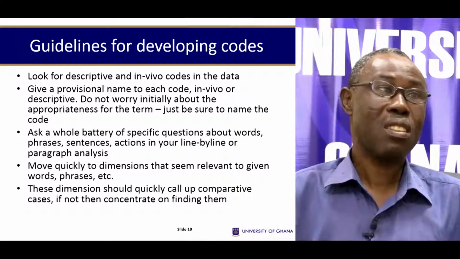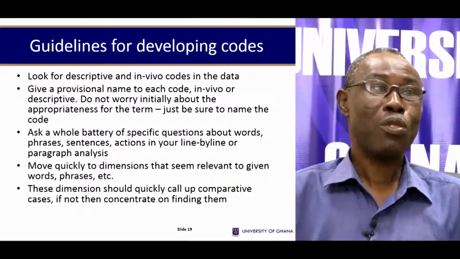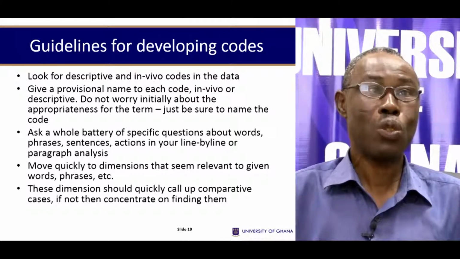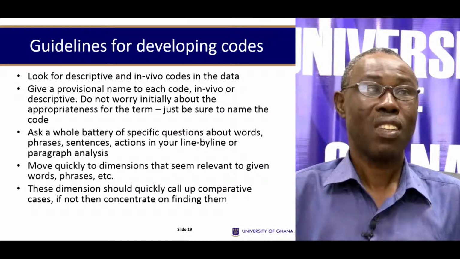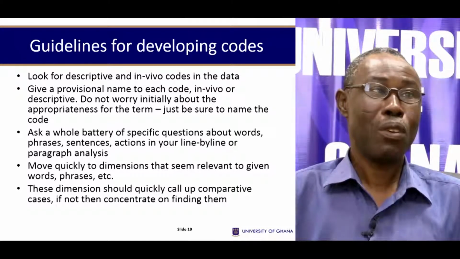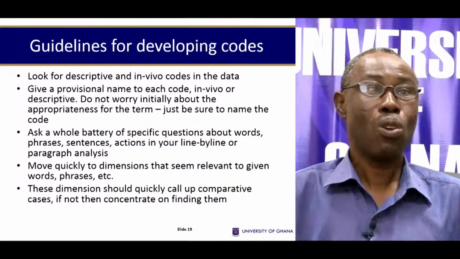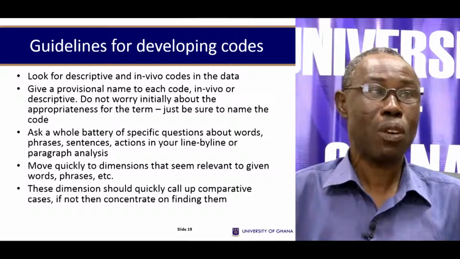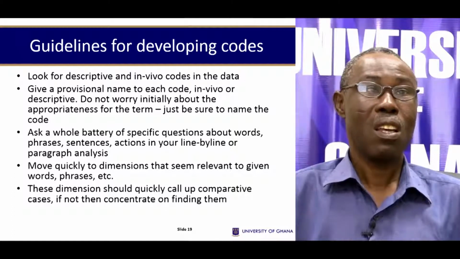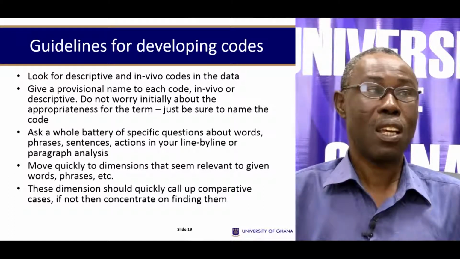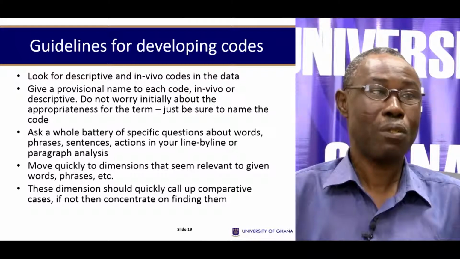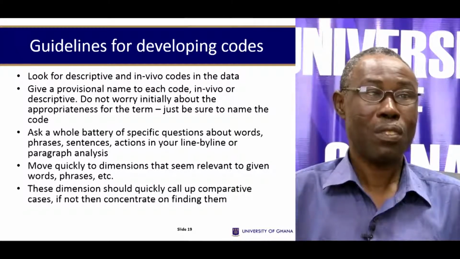The first is that you have to give a provisional name to each code, and at the same time you must ask a whole lot of specific questions about the words and phrases, as we indicated, line by line or paragraph by paragraph.